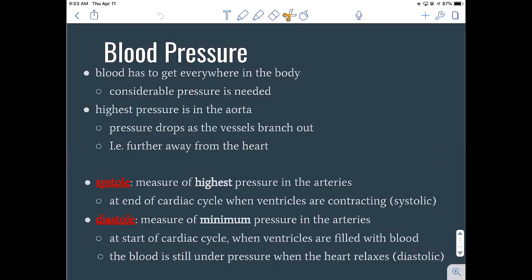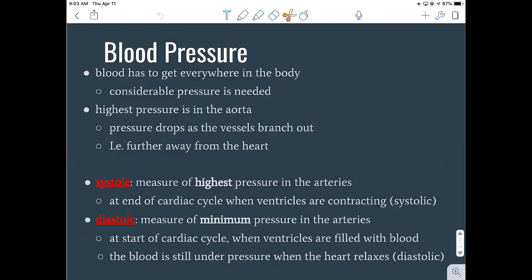The further the vessels branch and the further they get away, the lower the pulse is. So we have some main arteries that carry a very strong pressure, and then we have the capillaries, where the blood pressure is lower.